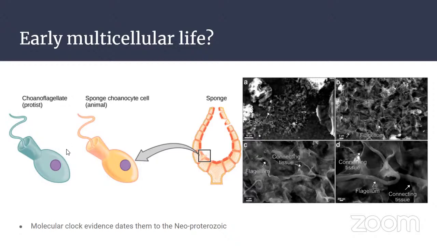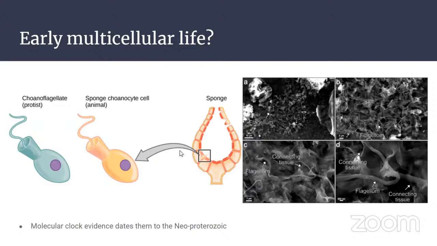So this is a protist. And when we look at modern sponges, we can see that they have cells within them that actually look very, very similar to these choanoflagellate protists. So these sponges kind of look like giant communities of protists, but these have become specific choanocyte cells within the larger sponge, which sponges actually are animals.